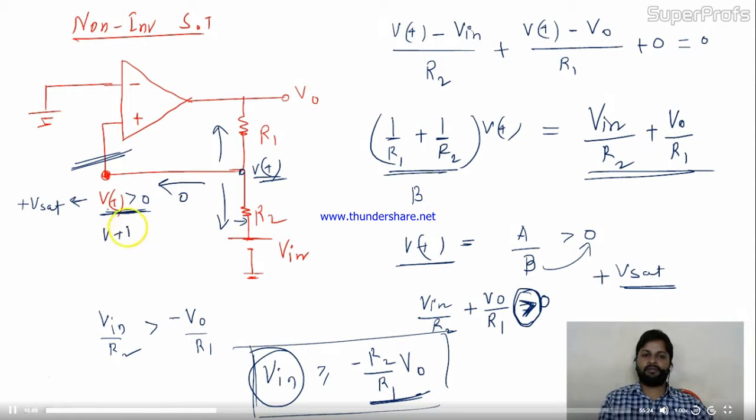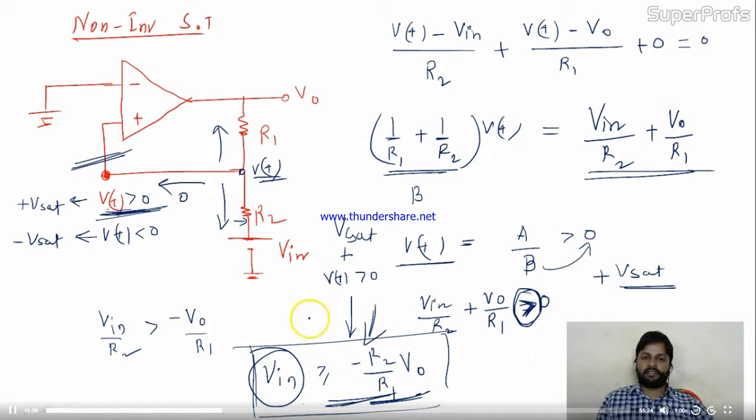If your Vt is less than 0, definitely your output will be minus V saturation continuously. So based on Vt greater than or equal to 0, I come with this condition. I have the relation between V in and V output. So this condition belongs to Vt greater than 0, meaning a plus V saturation.